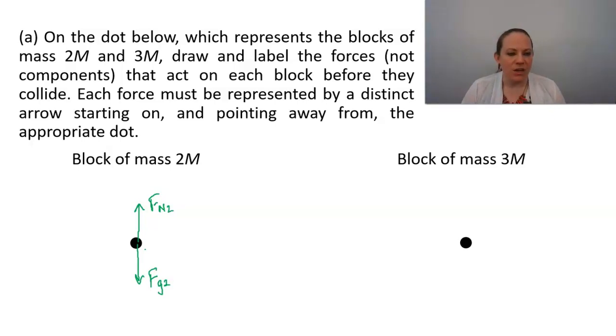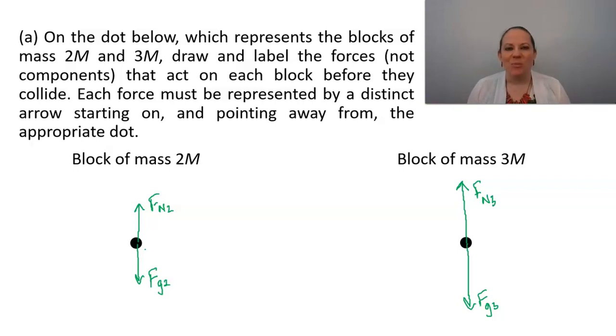And then over here on the block of mass 3m, we're going to have a gravitational force. I'm going to call it Fg3 because, again, it's on the block of mass 3m. And I'm going to call it normal force 3 just because, again, it's on that block of mass 3m.